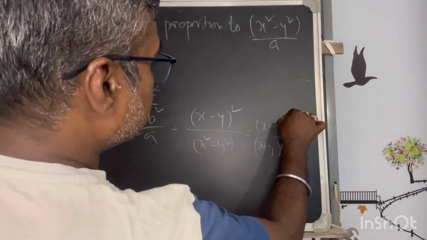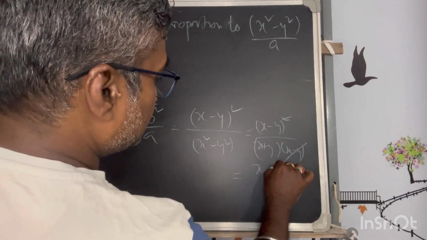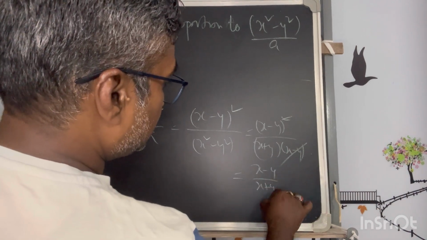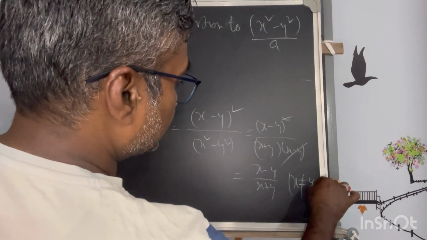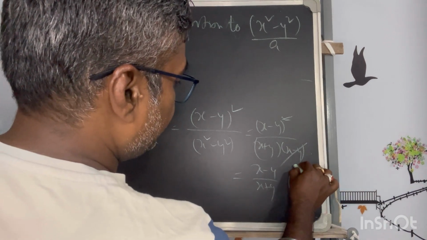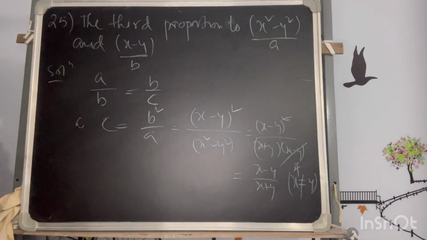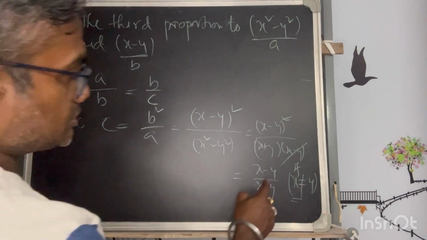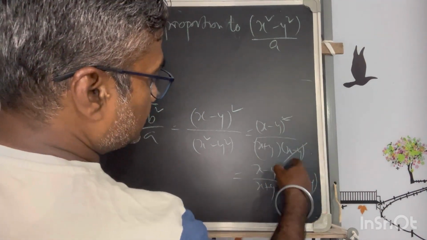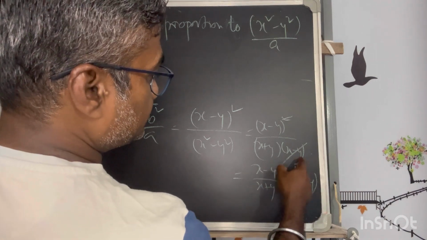So you can cancel one of these, so x minus y, x plus y. The condition we can say is that x is not equal to y. You have to write this condition yourself, because if x is equal to y, that means x minus y is equal to 0.